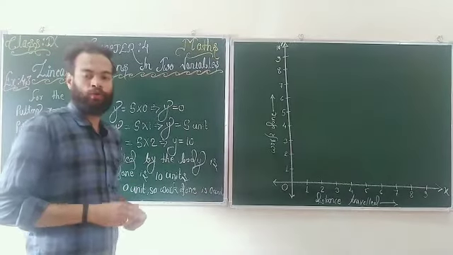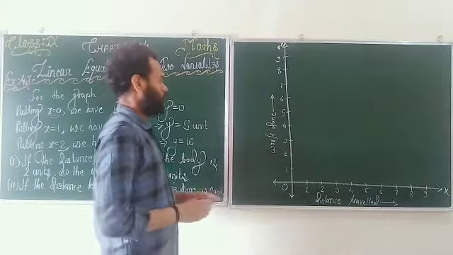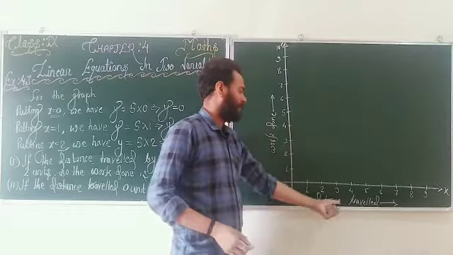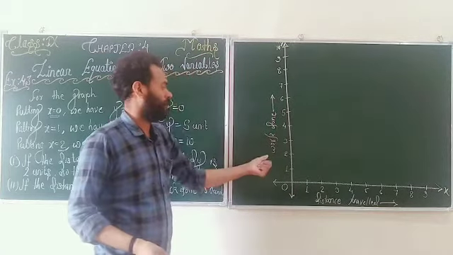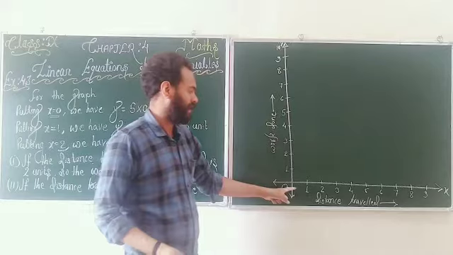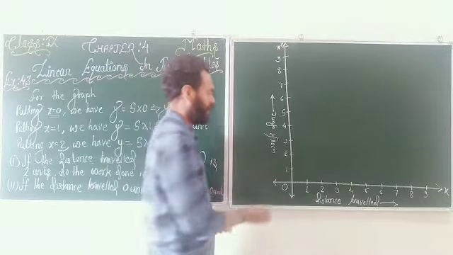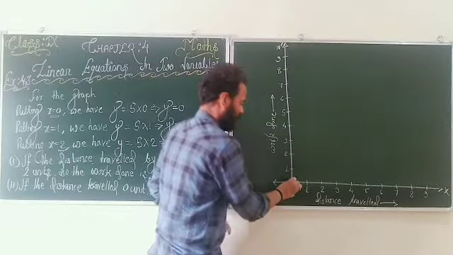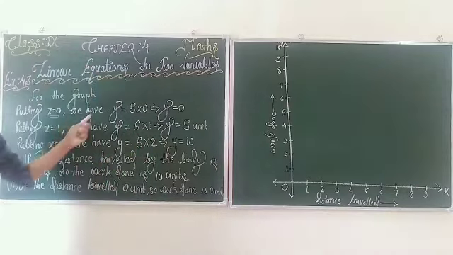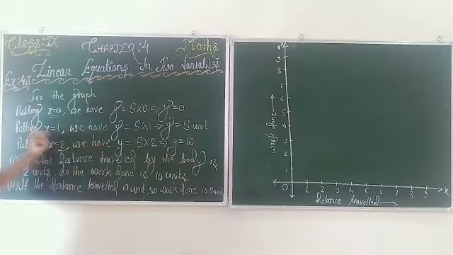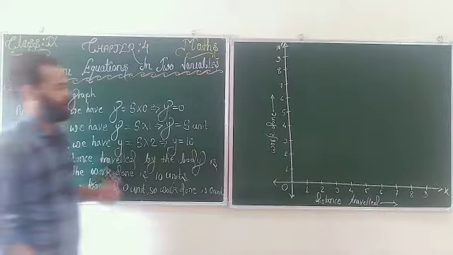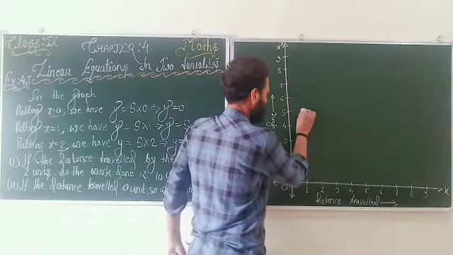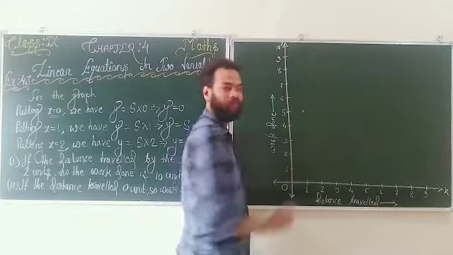In this question they also ask you to draw the graph. On the x-axis we take the distance traveled by the body, and on the y-axis we take the work done by the body. If the distance traveled is 0 units, the work done is 0. If the distance traveled is 1 unit, the work done is 5 unit.